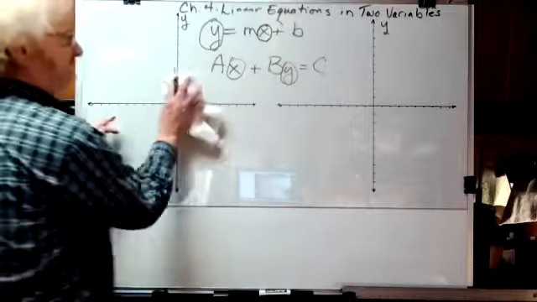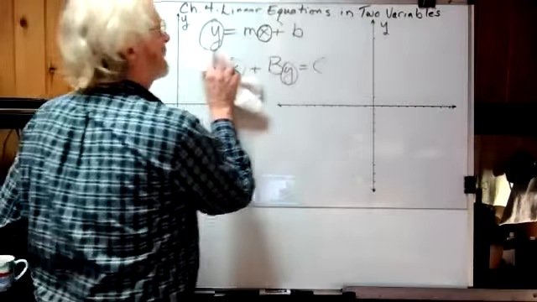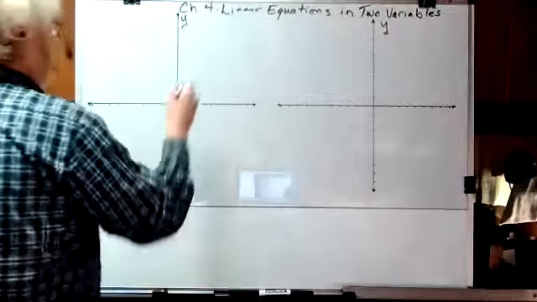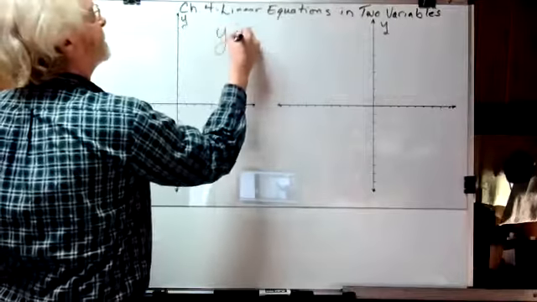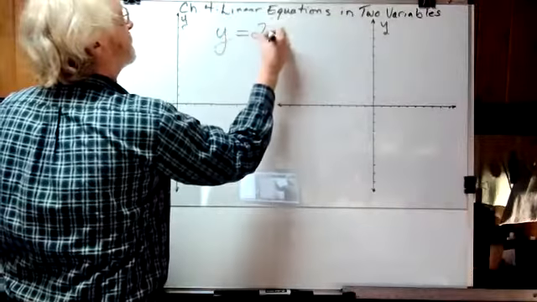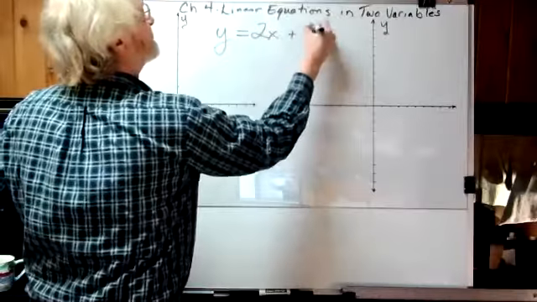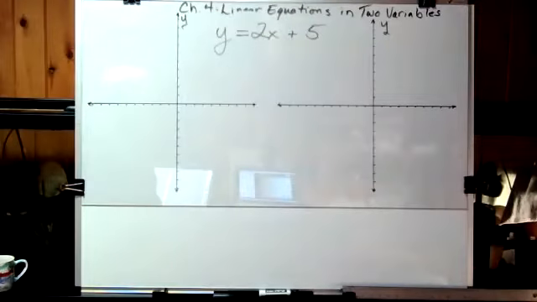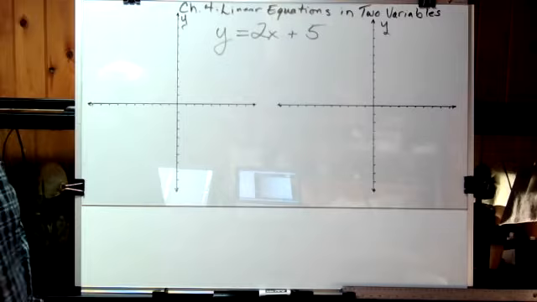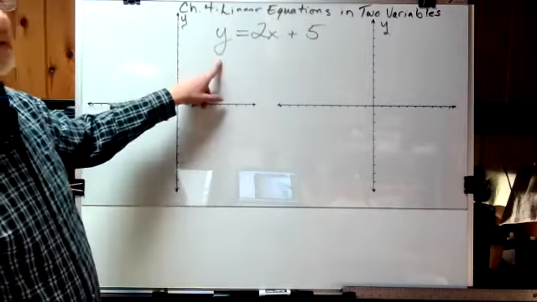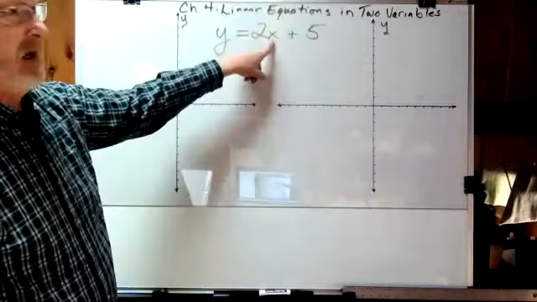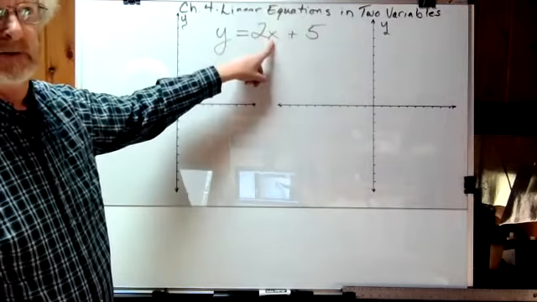For instance, if I had one in this shape, what if I had one that looked like this? Here's an equation in that first shape that I mentioned. This one says the y value is a result of all this other stuff over here, and there's another variable.